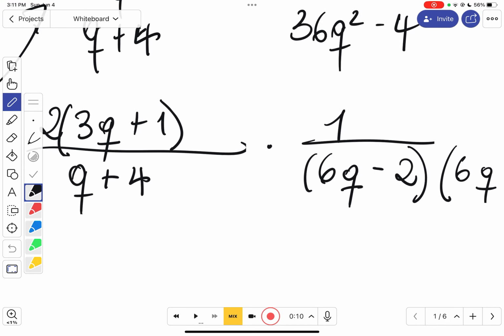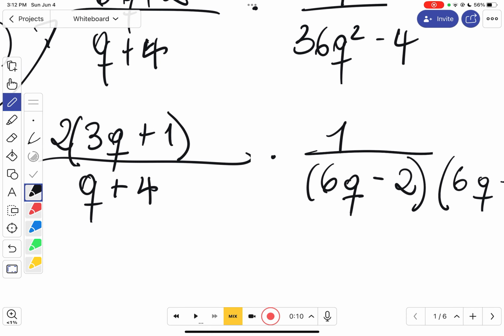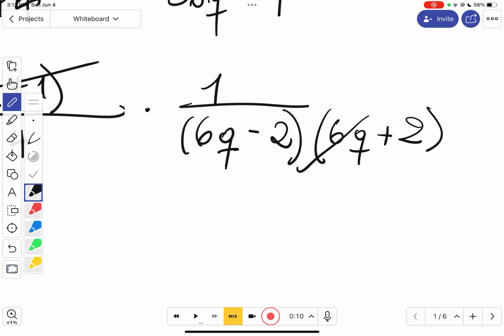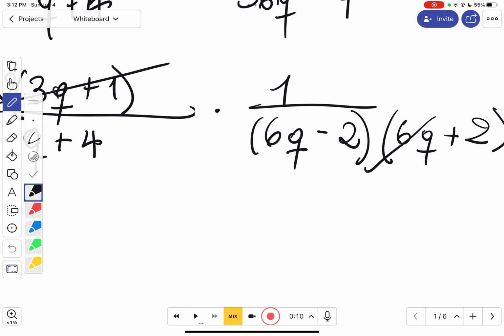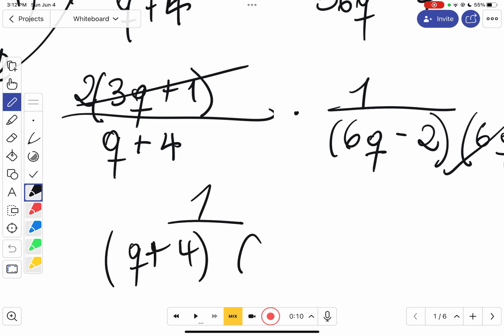Therefore this can be canceled out, because 2 times 3q is 6q and 2 times 1 is 2, which is exactly the same thing as 6q plus 2. So what we end up having is a 1 at the top and a q plus 4 at the bottom, along with a 6q minus 2 at the bottom.